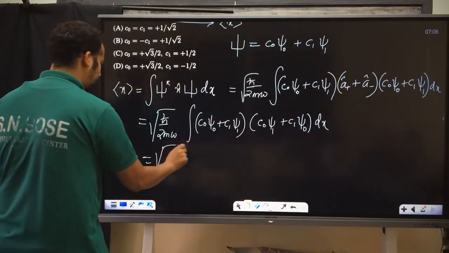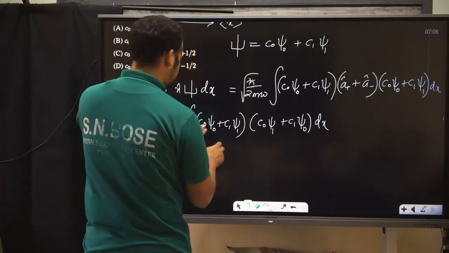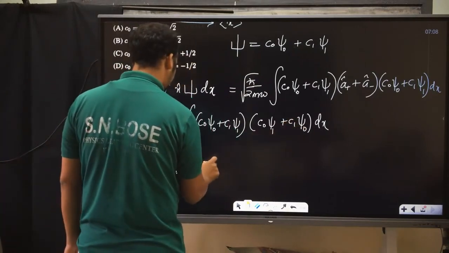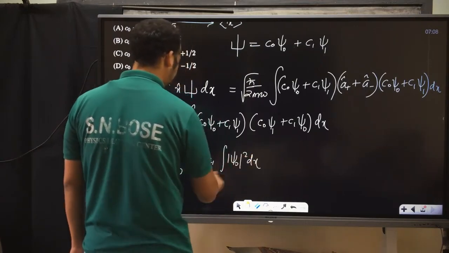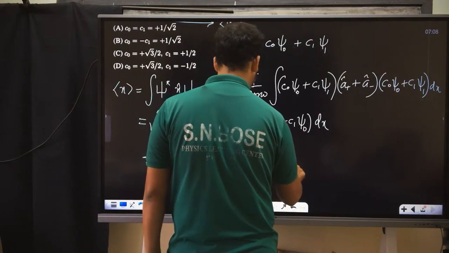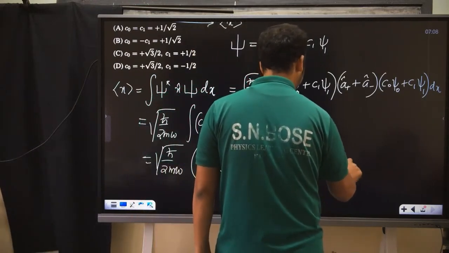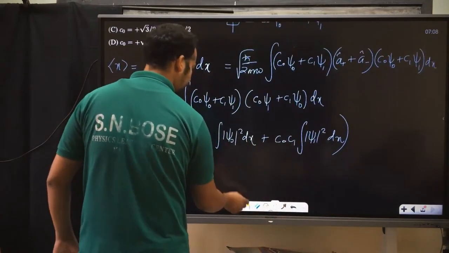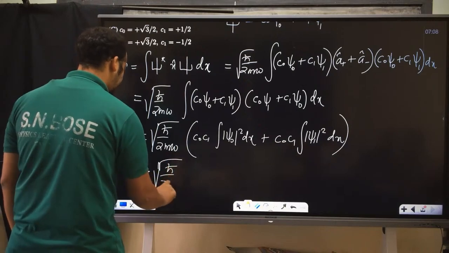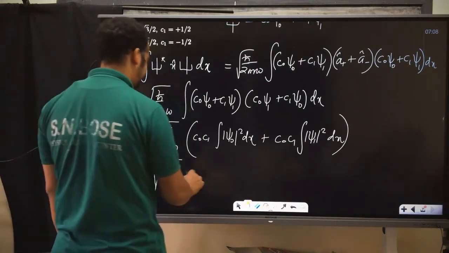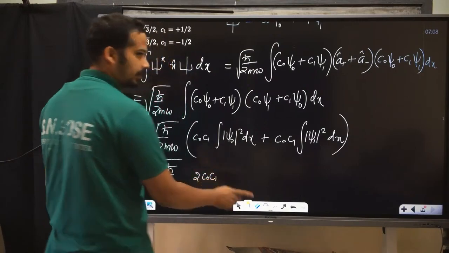That's equal to root of h bar by 2m omega. The psi naught term you take outside: C naught C1 integral of mod psi naught squared dx, plus C naught C1 integral of mod psi 1 squared dx. It's 2 C naught C1 because these are normalized, times root of h bar by 2m omega, if they are real.